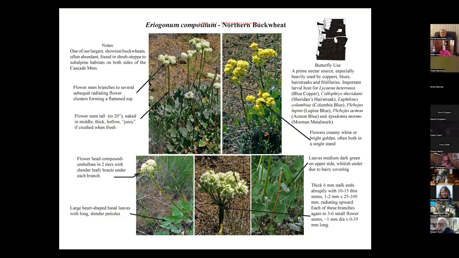Blue copper, Sheridan's hairstreak, Columbia blue, lupine blue, Acmon blue, and Mormon metalmark. And there may be more that we don't know about yet. These plants can come in bright gold and yellow color or in white color. Again, the white ones are that variety Magus that I mentioned earlier, which tends to occur on higher elevations.